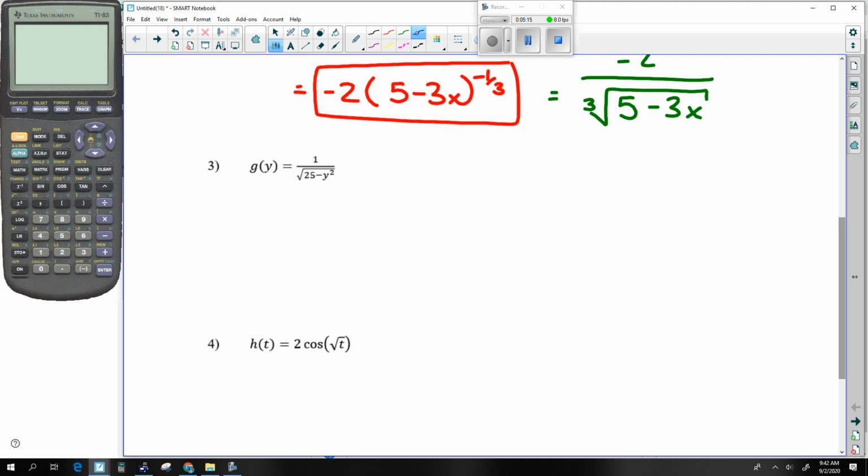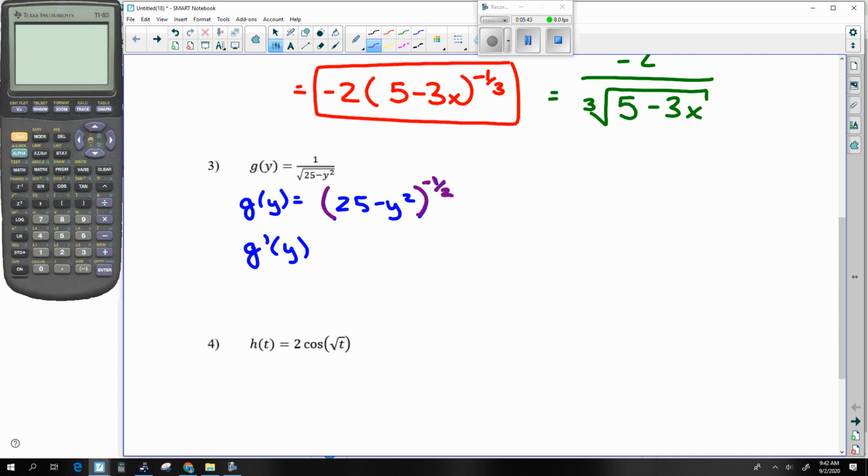All right, let's go ahead and rewrite this g(y) right here. So I have a square root in the denominator, so this is going to be 25 minus y squared. Okay, so it's a square root, that means it's a 1/2 in the denominator, so it's a negative 1/2. So taking my derivative, the first thing that I need to address is this outside to the negative 1/2.